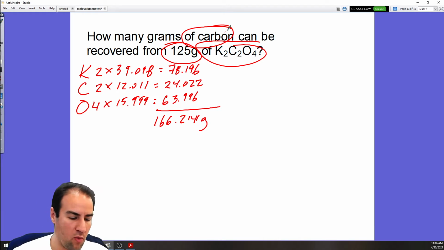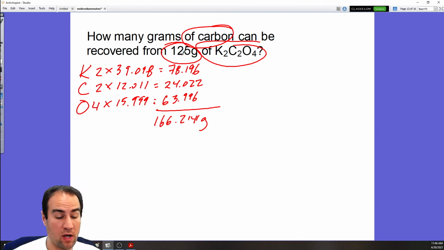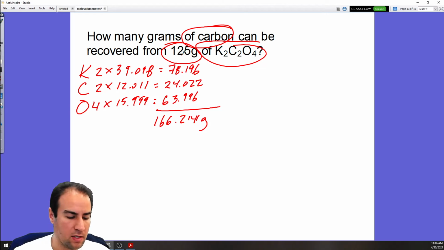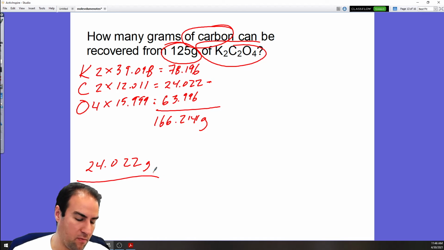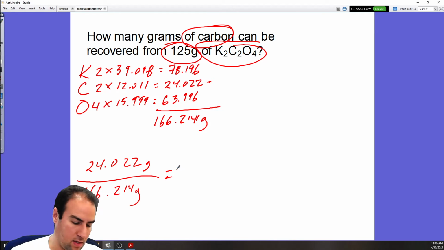The good thing is you don't have to go through and find the percentage of each one. If we only want to know what portion of that 125 grams of substance is carbon, then we only need to calculate carbon. We take the 24.022 grams, divide it by the 166.214 grams, and we get 0.1445.